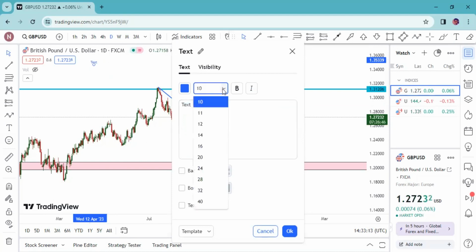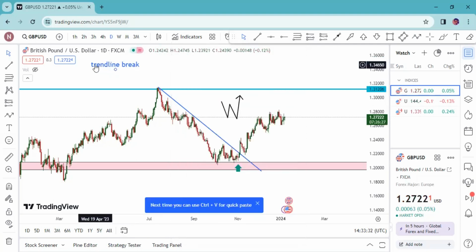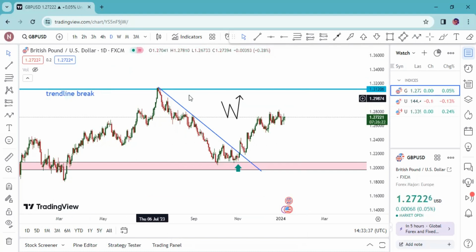First thing, trend line break. Number one, before even thinking of entering any trade, where do I see my first thing?